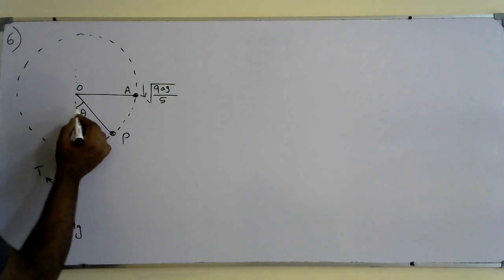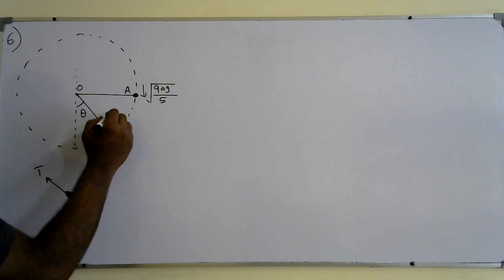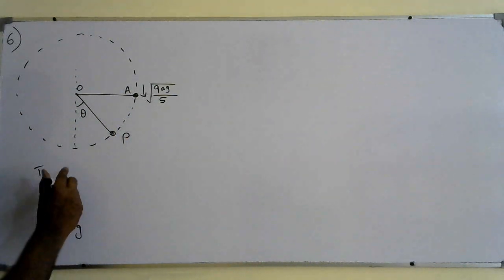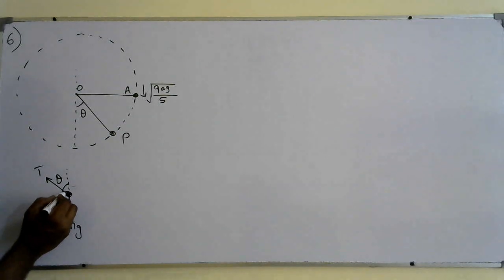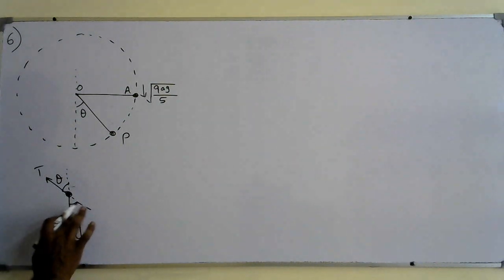This string makes an angle theta with the vertical, and by alternate angles this is also theta. The resultant force towards the center of the circular path is called the centripetal force.